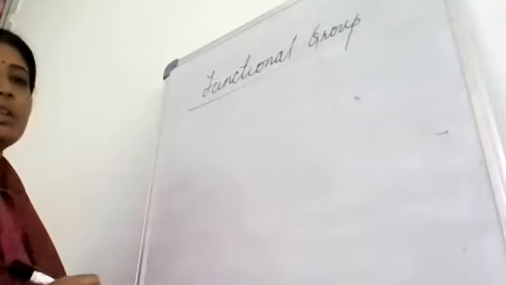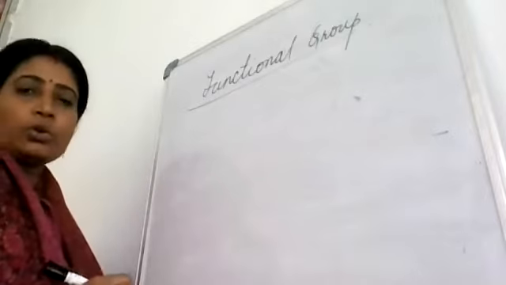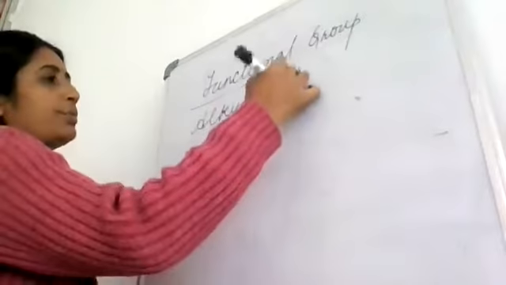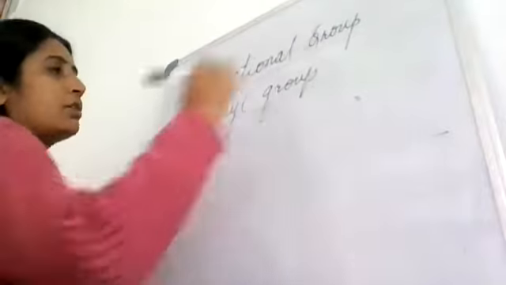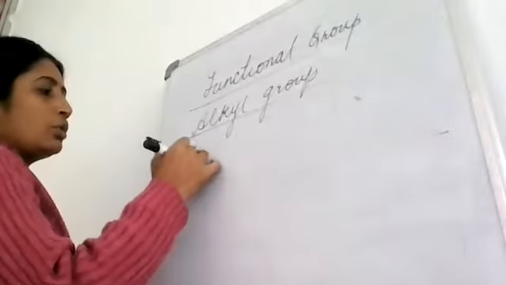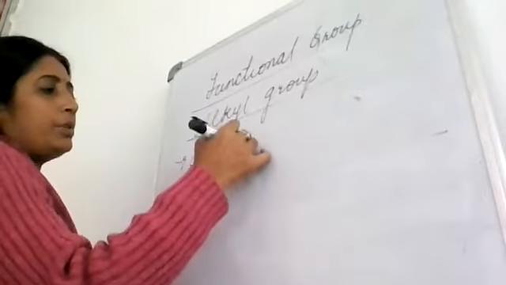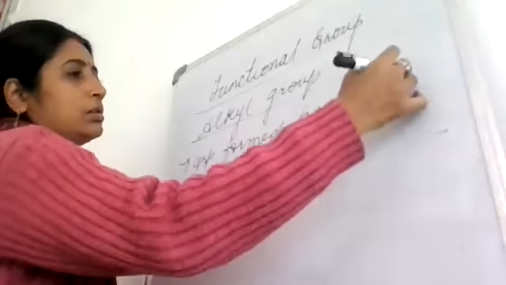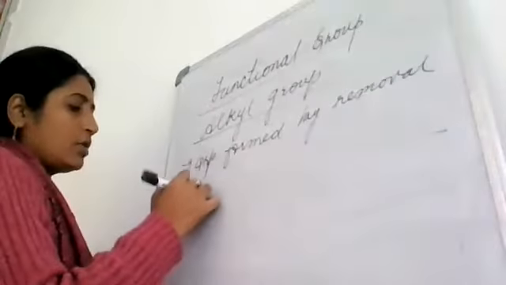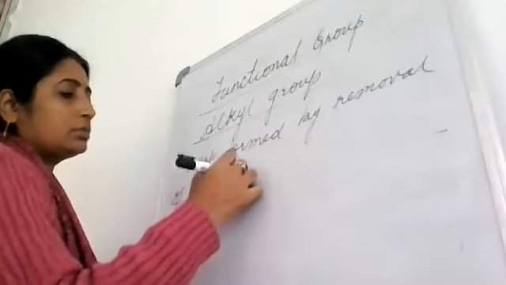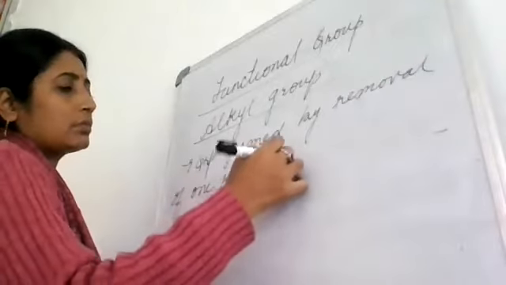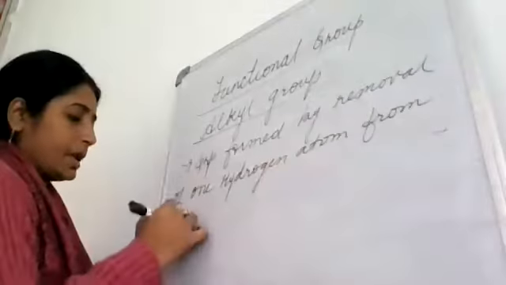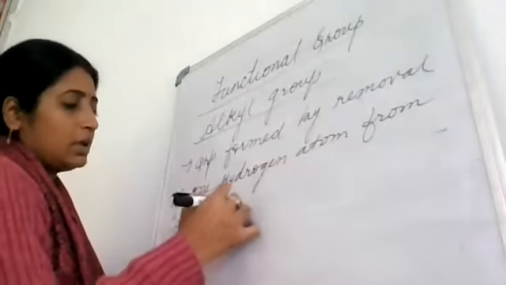So functional group, what is functional group? Alkyl group is known to all. What is alkyl group? Let us repeat again. Alkyl group: the group formed by removal of one hydrogen atom from alkane is called alkyl group. Okay?